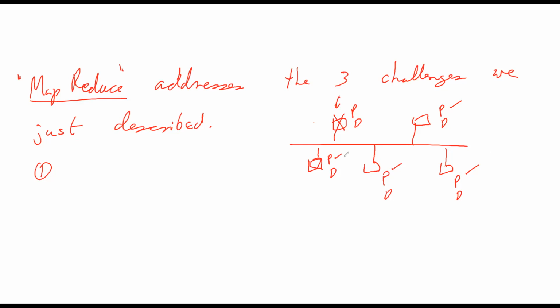If you're distributing the data, some of that data could be lost. Exactly, this data could be lost. And so the solution to that is basically to store the data redundantly.